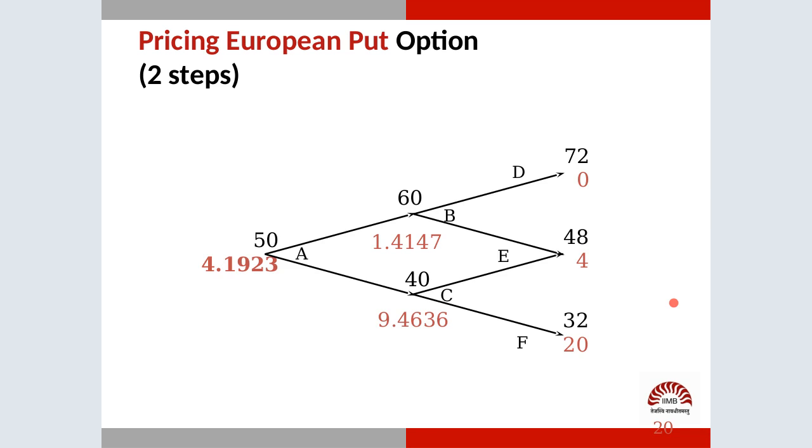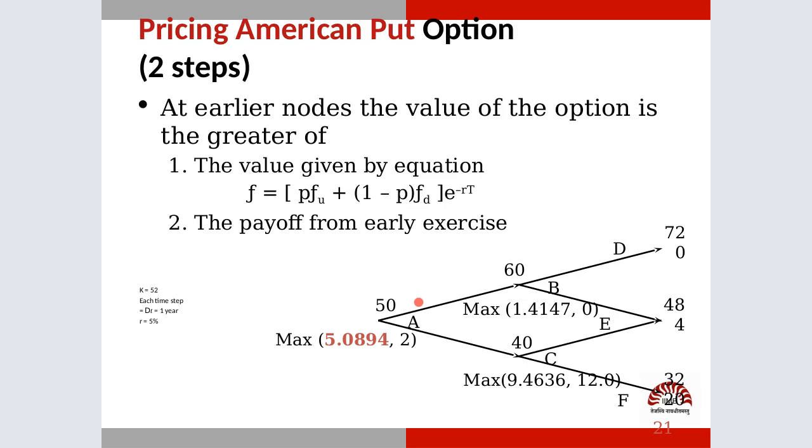There is nothing else that changes. Once you get the payoffs, the rest of the computation is exactly the same as we computed for the call option or for the put option. There is really no change. Okay. Now, the last bit in this is, if it became an American option, what would happen?